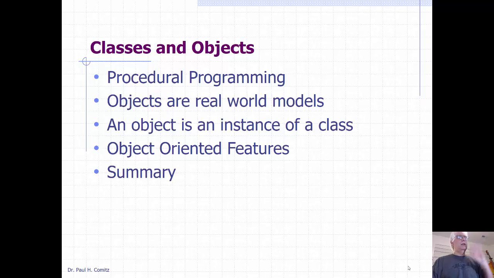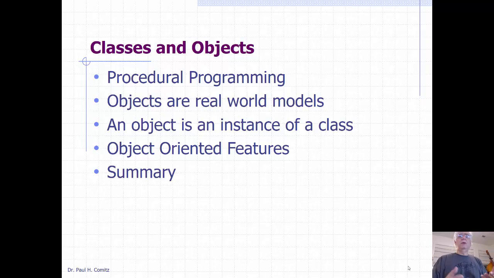So from there, we'll go into OO, and we'll talk about some powerful ideas. The ideas of objects as real-world models, and the idea that an object is an instance of a class. It's something you'll hear me and others say many, many times in discussions of object-oriented programming.